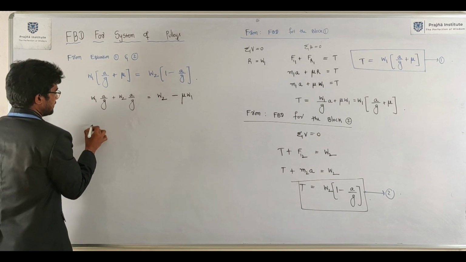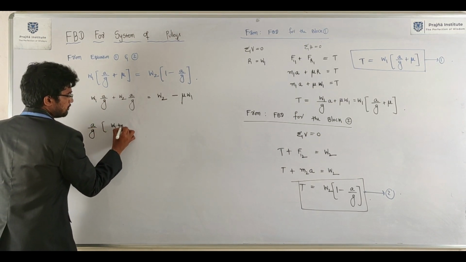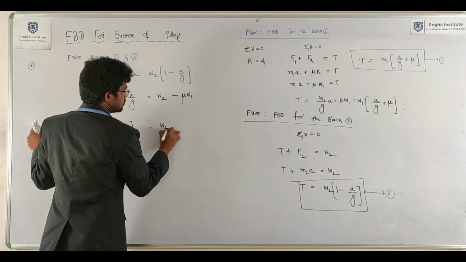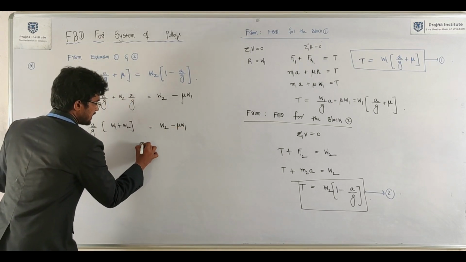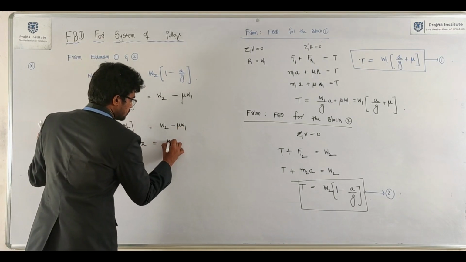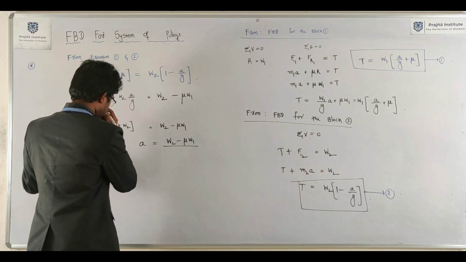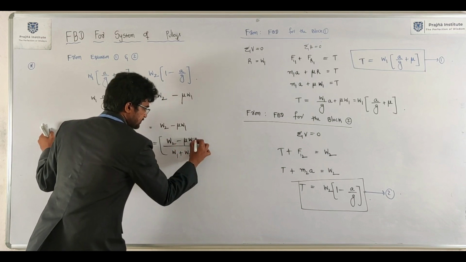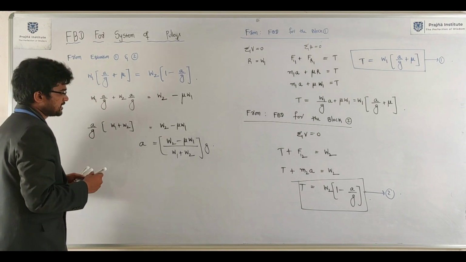A by G taken common, W1 plus W2 equals W2 minus mu into W1. Then finally acceleration equals W2 minus mu into W1 by W1 plus W2, into G. This is the acceleration.